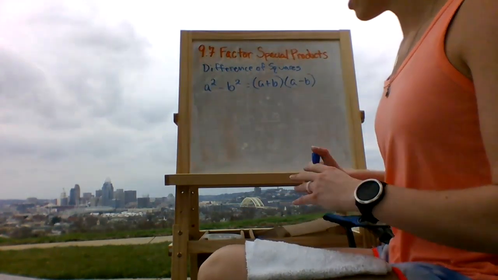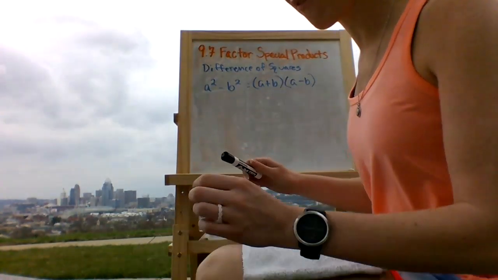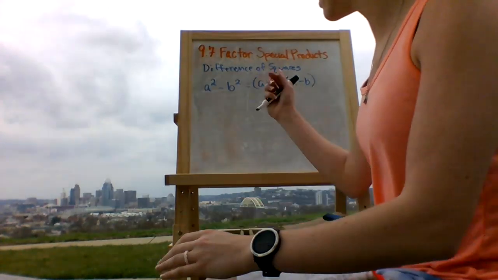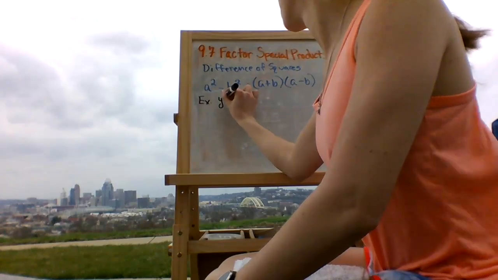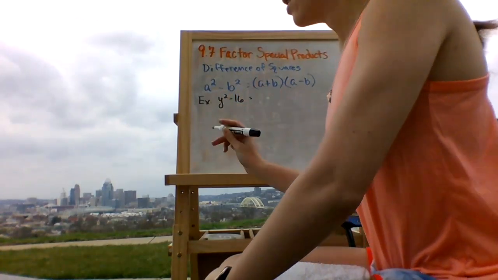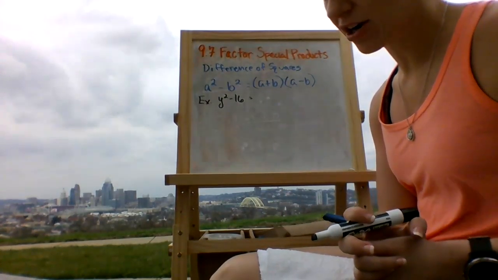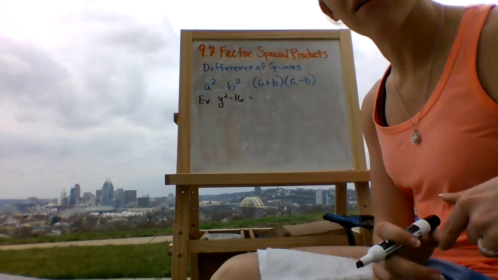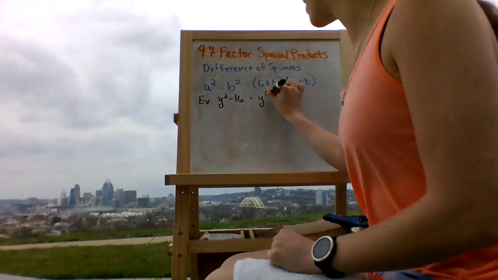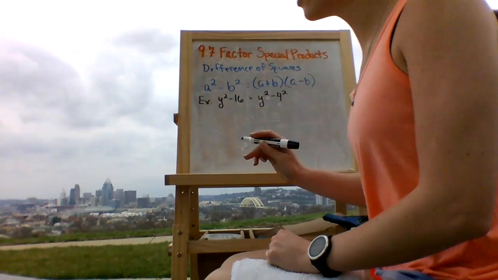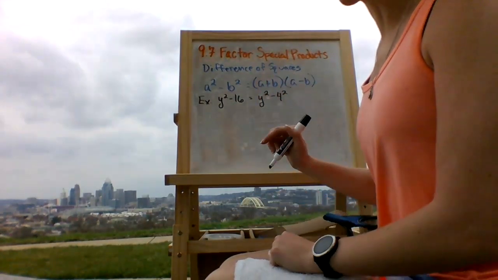Let's go ahead and look at our first example here. I have y squared minus 16. y squared is very obviously a perfect square. 16, however, it's helpful to rewrite as 4 squared. So I'm going to have y squared minus 4 squared, and then I can go ahead and apply this rule right here.